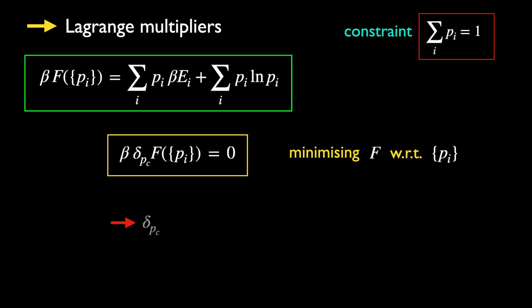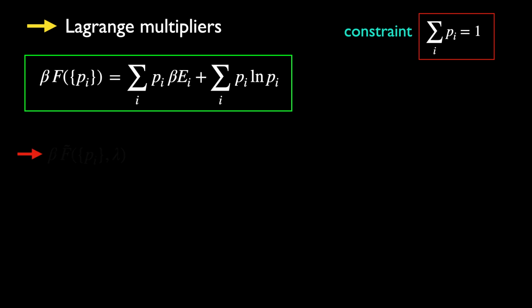Note that delta pc is the variation with respect to the pi's while maintaining the constraint. We need to solve this equation for the probabilities. Let's transform this problem into a simpler one, where the variation can be done freely, like usual, without imposing any constraints.